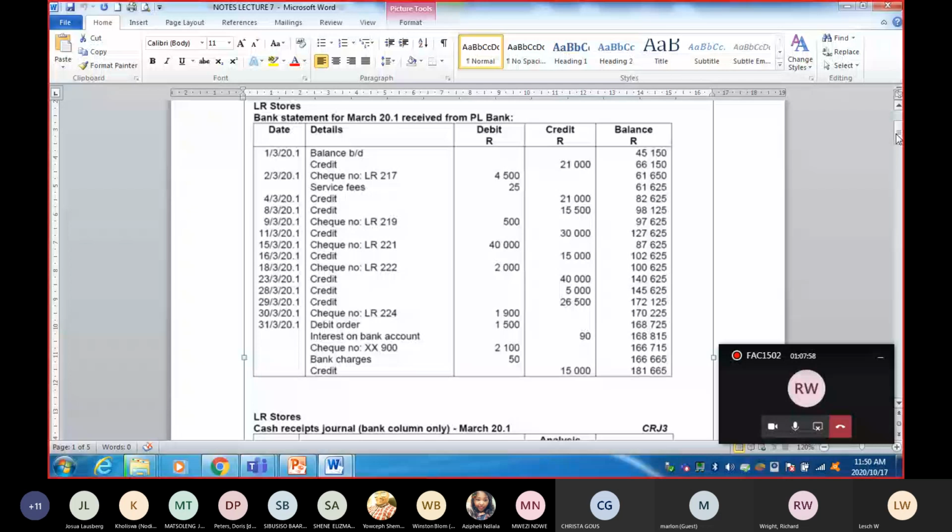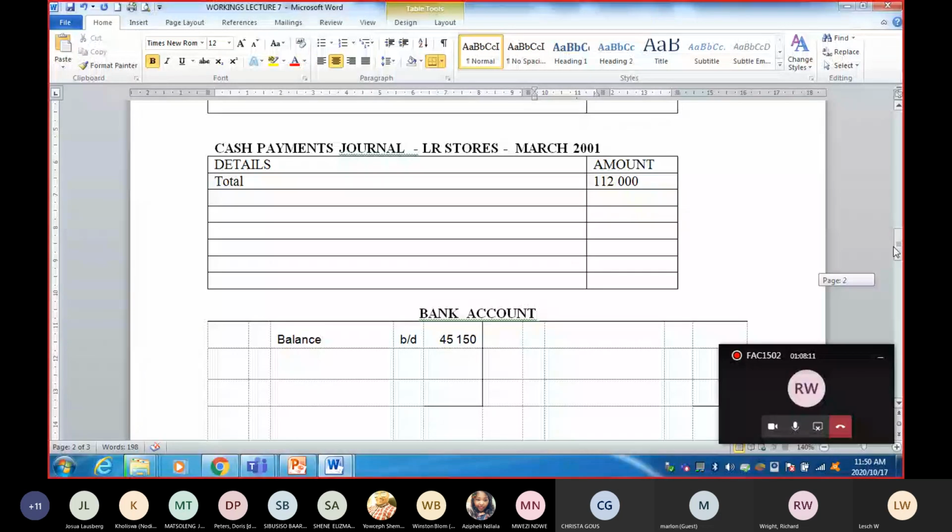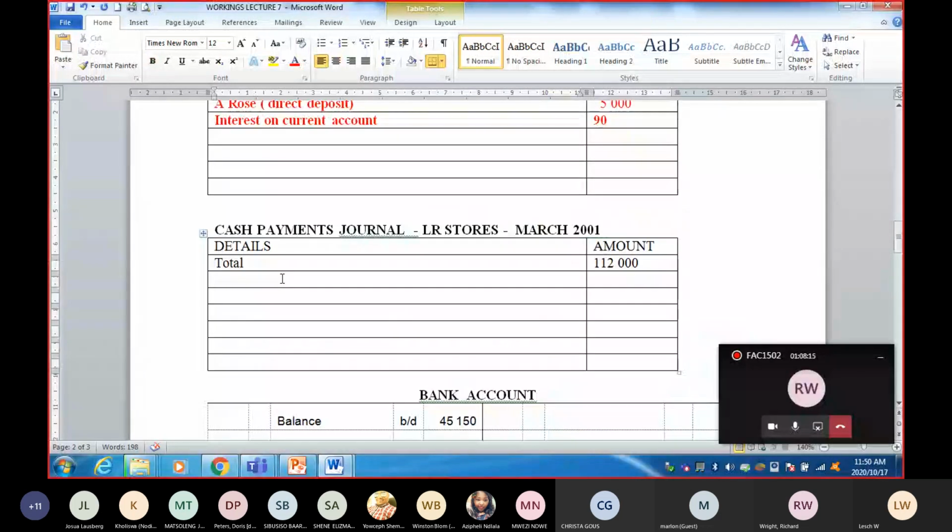So we will have to update our cash payments journal now with these items. Go to your cash payments journal. After we received the information from our bank statement, we will now record our bank charges.